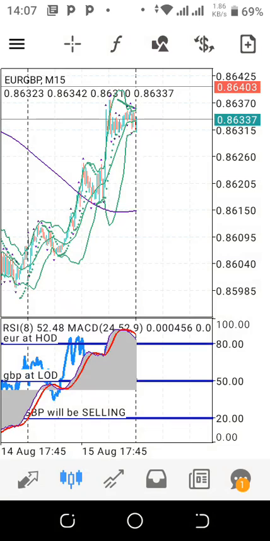The reason is that you need to confirm the trade. Use it for confirmation of where the trade will move for the day. So it's good that you don't trade the Asian session.